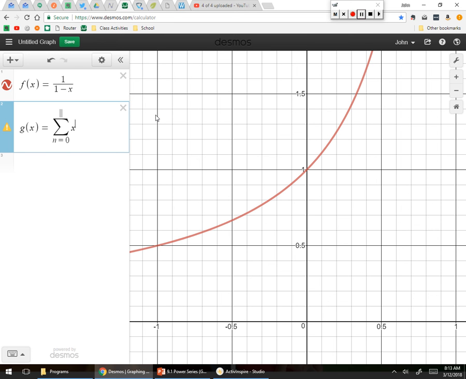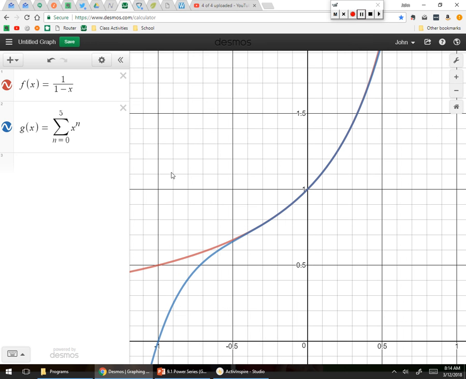How many terms would you like? How about we just do the 5th order approximation? So there we go. Does that work? Can we write it in summation notation? Save ourselves a lot of time. 6, 7. Let's just put the number m there.